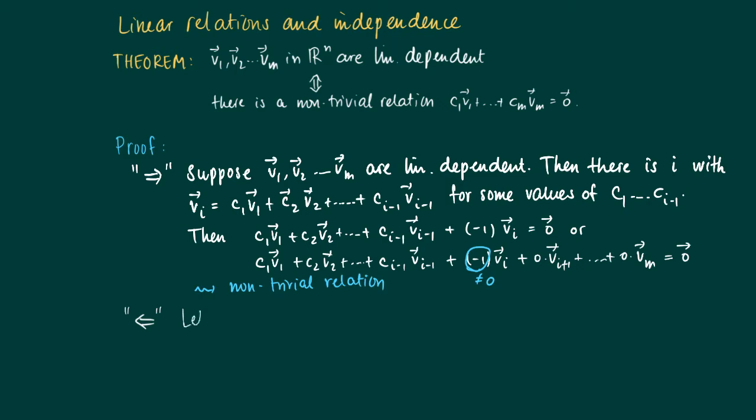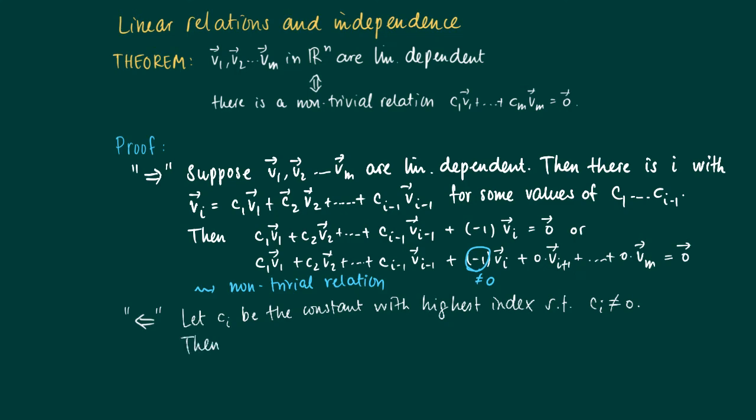So the other way around, suppose we have a non-trivial relation c1 v1 plus ... plus cm vm. Then there are non-zero elements, so there are non-zero scalars. So let ci be the constant with highest index that is non-zero.